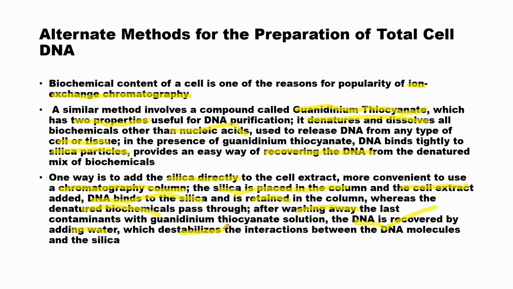In the presence of guanidinium thiocyanate, DNA will bind tightly to the silica and remain there, whereas guanidinium thiocyanate will denature and dissolve all other biomolecules such as proteins, RNA and even carbohydrates if present. Finally, we add water so that the DNA already bound to the silica is destabilized, and we get the DNA out of the column. Clear? This is what happens in the guanidinium thiocyanate method.